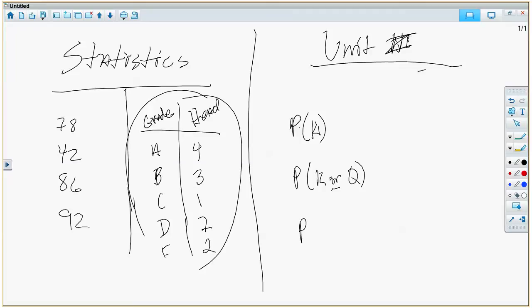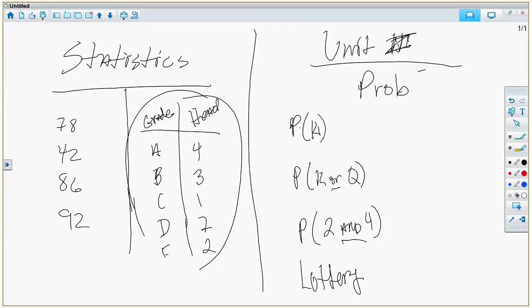Probability of picking a 2 and a 4. And that's the multiplicative law. And we talked about the lottery. So we talked about these things that were basic probability. Test scores, basic statistics. Basic probability. Okay, this is Unit 2.